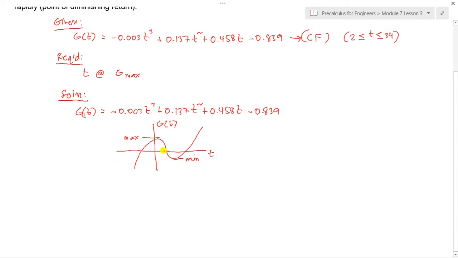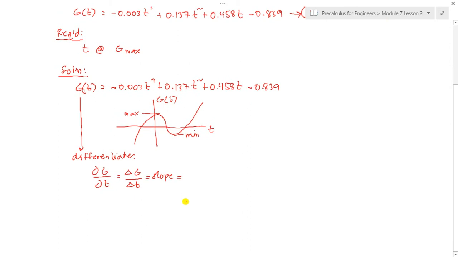Now, in order to solve for the maximum value, we are going to differentiate this, as we have done in the previous example. So let's differentiate. The derivative of the function g of t with respect to the time is just equal to the change in the growth over the change in the time, or this is just equal to the slope of our cubic function.